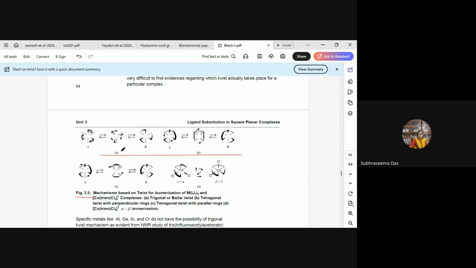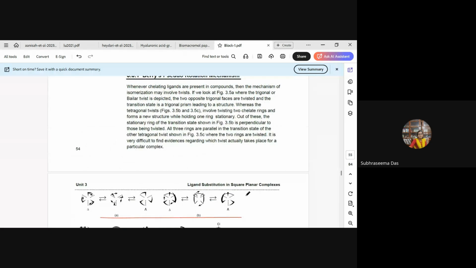In the first case, it is called the trigonal or Bailar twist. In the second case, it is called the tetragonal twist with perpendicular rings. In the third case, it is a tetragonal twist with parallel rings. And case D indicates the alpha-beta isomerization.